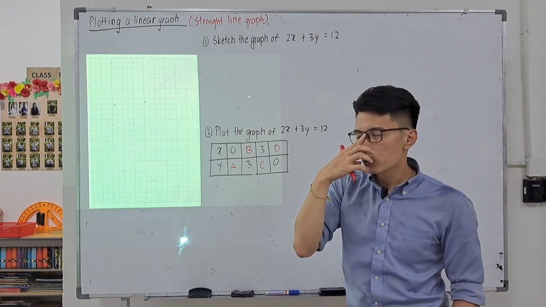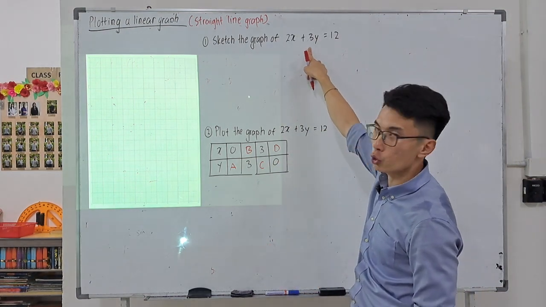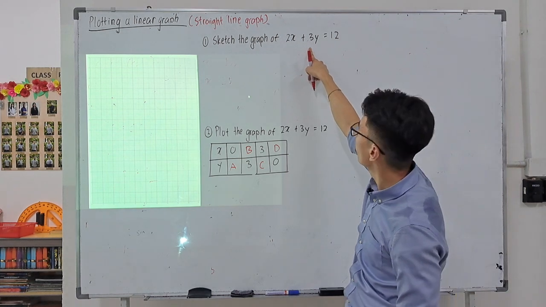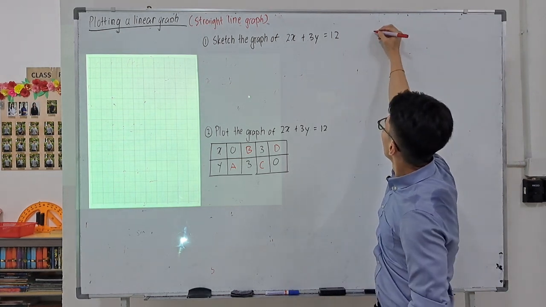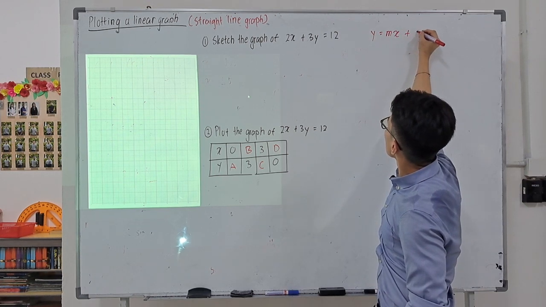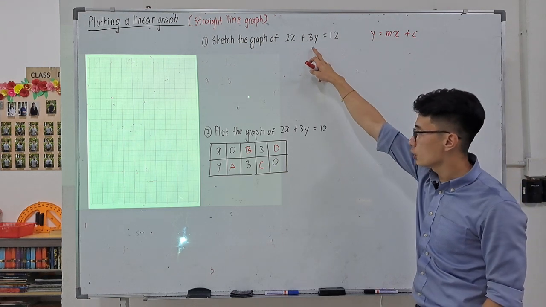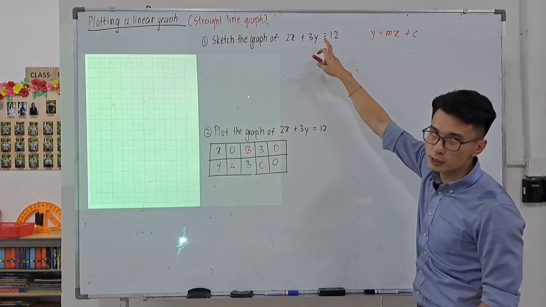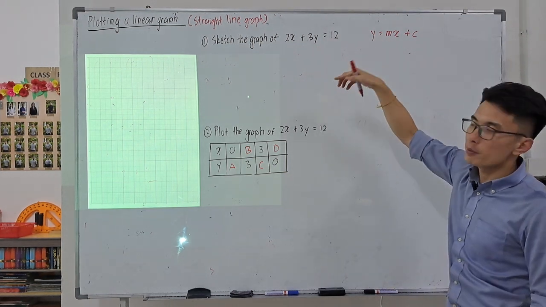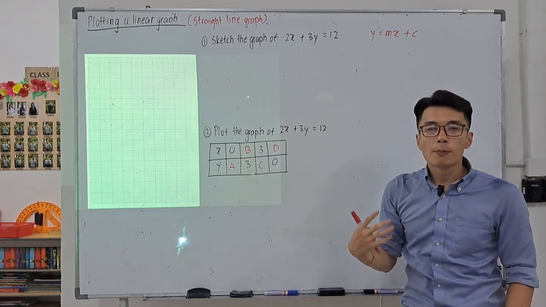So what will be helpful is to rearrange this equation in the form of y equals mx plus c. It is better for you to rearrange this function, or this equation, into this form, because this form will tell you a lot of information about the graph.